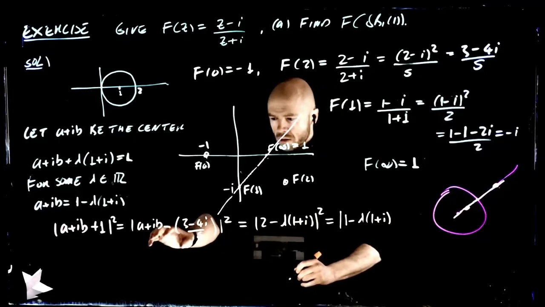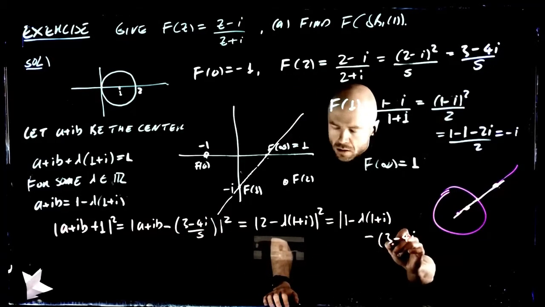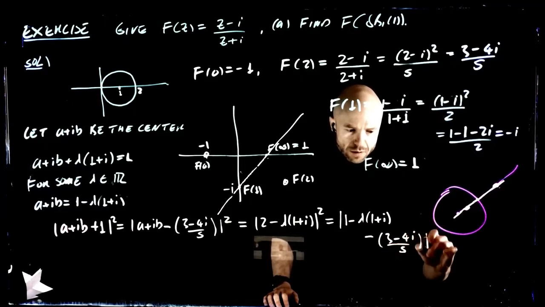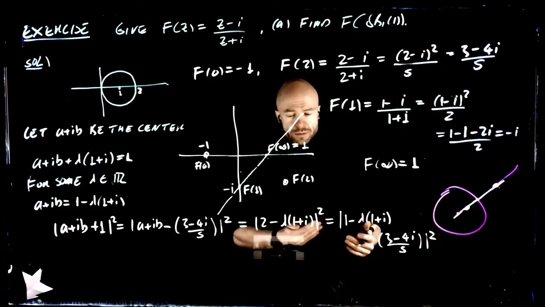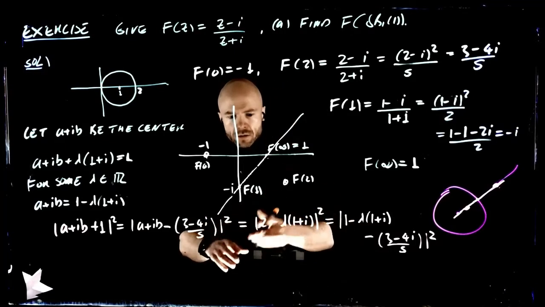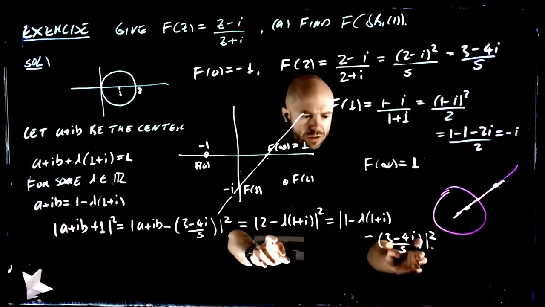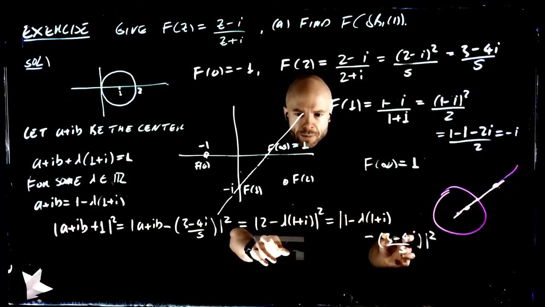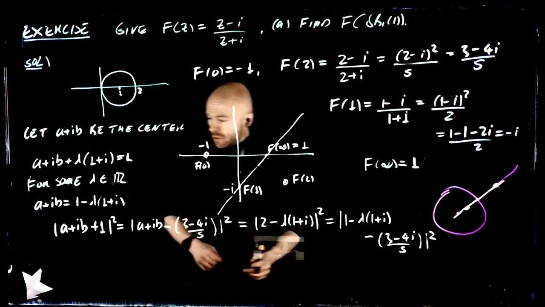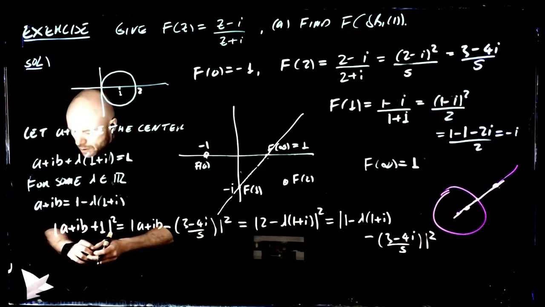Like this, and then minus this stuff here over 5. Okay, so this has to be true, right? Because they're on the circle, right? And the center of the circle we can represent like this. So this gives us an equation just in 1 lambda, right? Yeah? And then we are able to solve this for lambda.